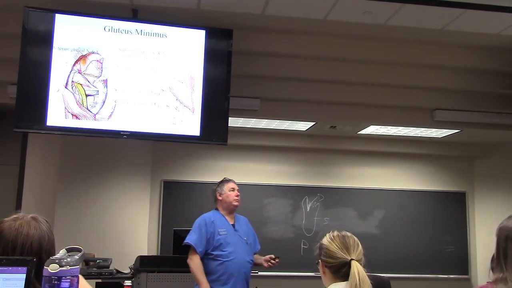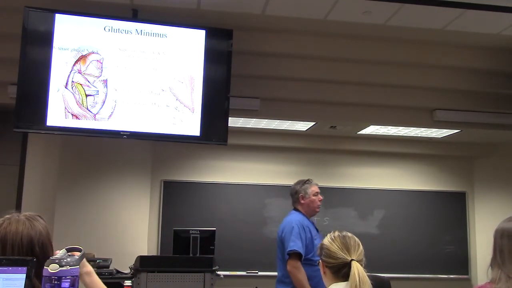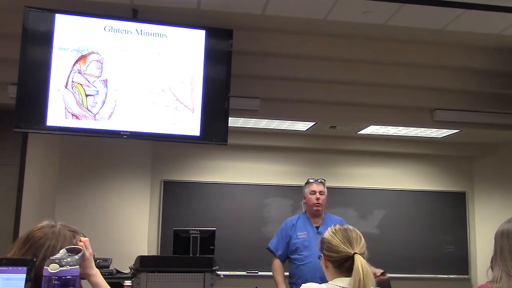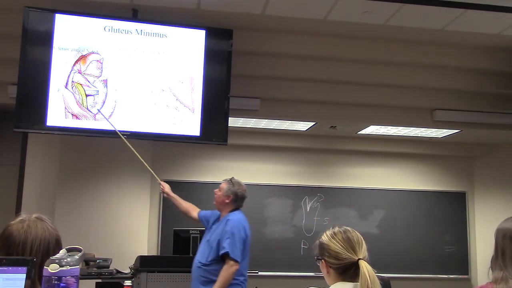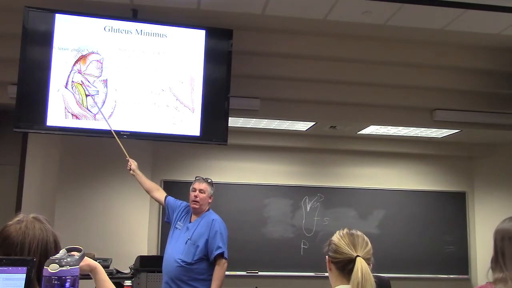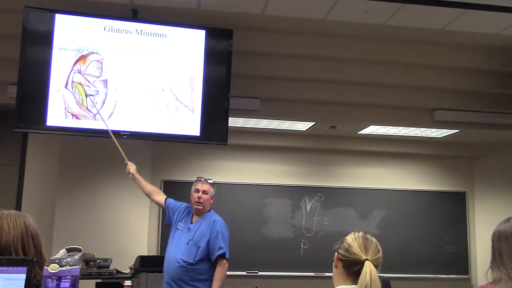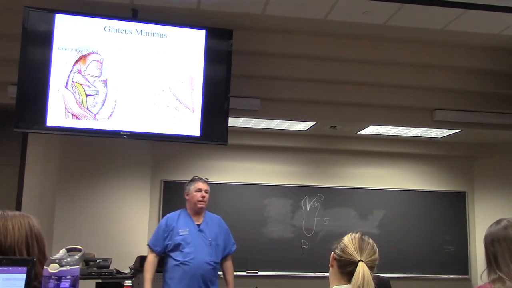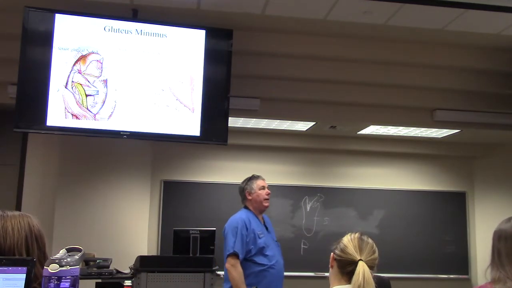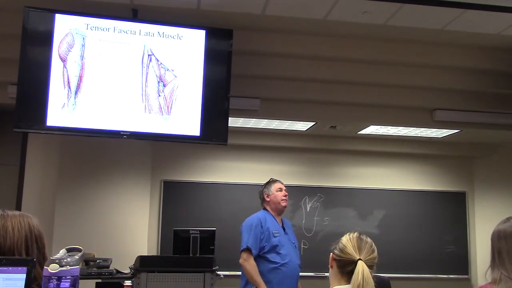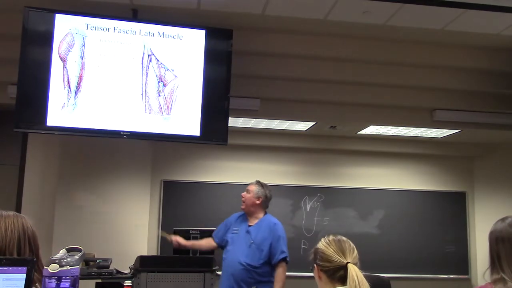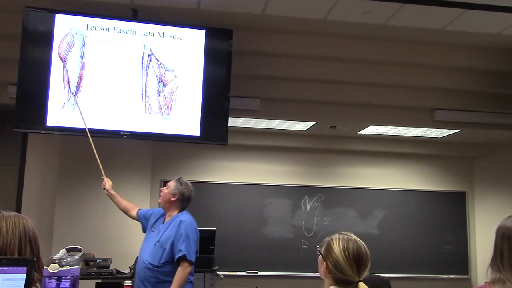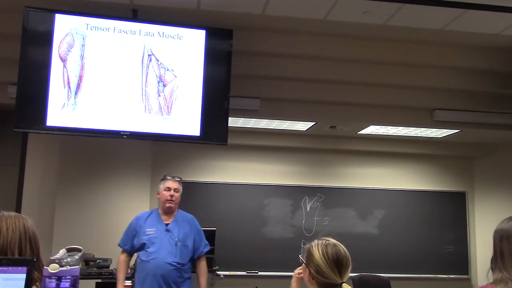Now, in terms of what's superior and inferior gluteal, the demarcating or delineating muscle is the piriformis. I'll talk about that in a second. Here's the tensor fasciae lata. This band is going to be about 2 inches wide here. It is very tough.